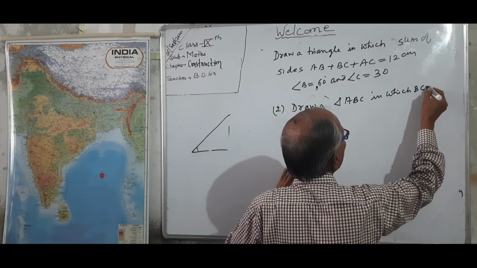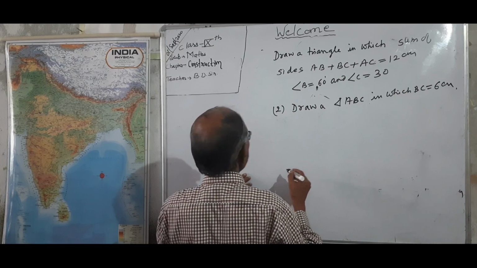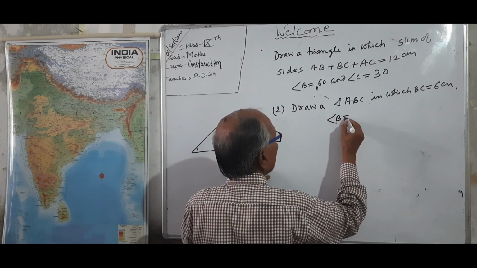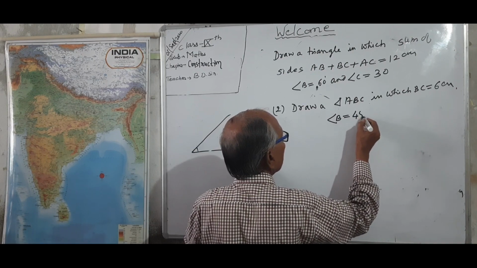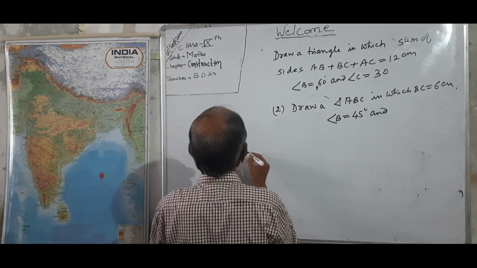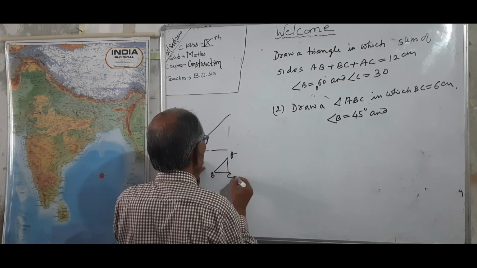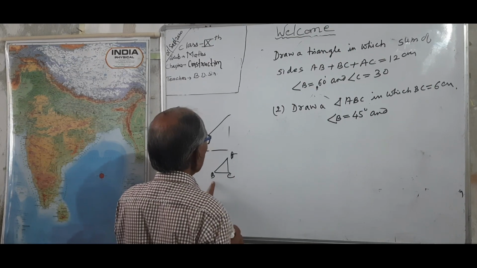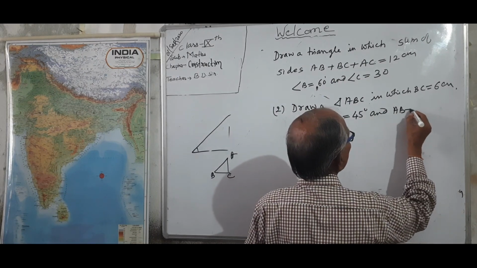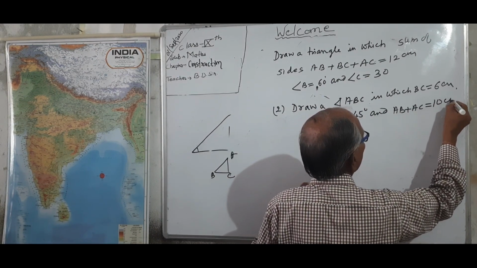length of BC is given, suppose 6 centimeter, and angle B is equal to, suppose, 45 degree, and AB plus AC is equal to, suppose, 10 centimeter.